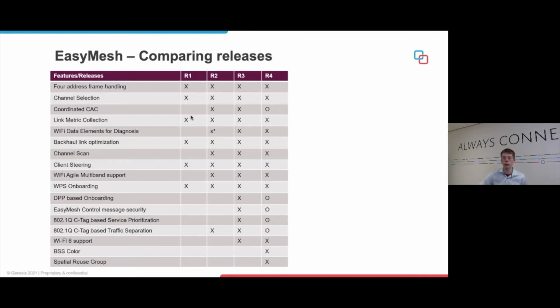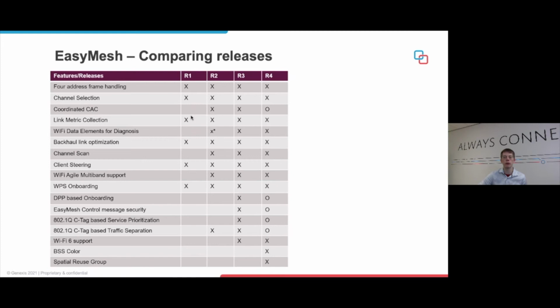Agile multiband support to be able to do band steering as well, and not just access point steering. And more information, the data elements for diagnosis purposes, for example, and a couple more things. So the difference between R1 and R2 is pretty significant. And then after that, of course, it still gets better.